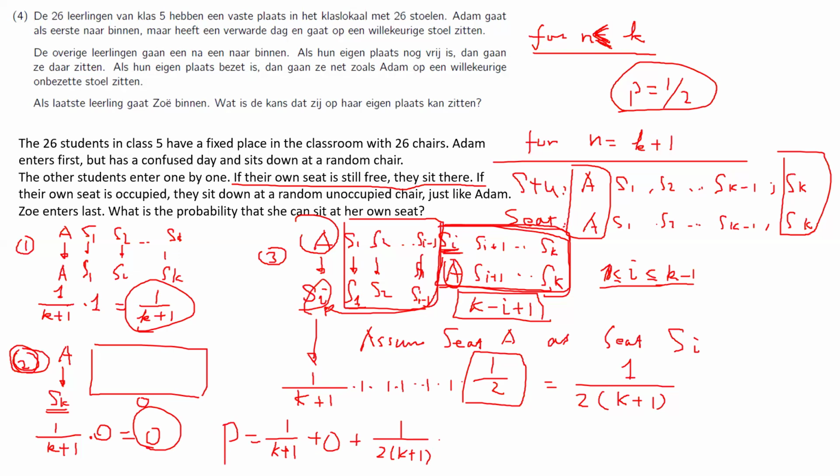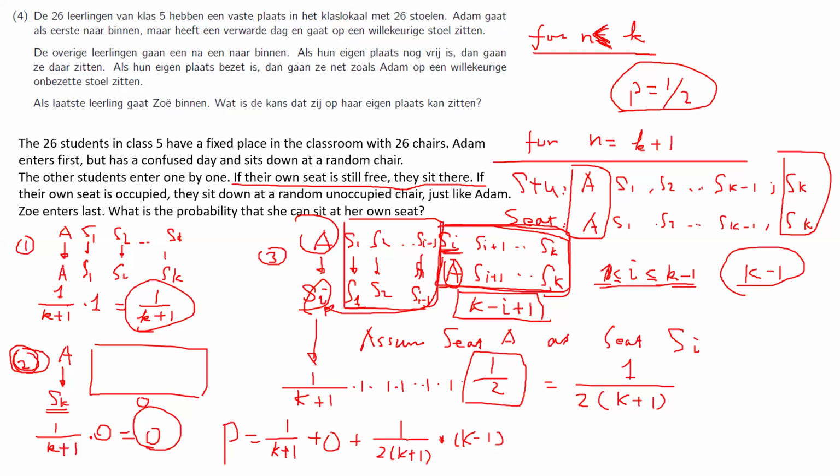How many i's are possible here? I starts from 1 to k minus 1, meaning I can be 1, 2, 3 till k minus 1. So there are k minus 1 such cases, and we have to multiply by k minus 1.